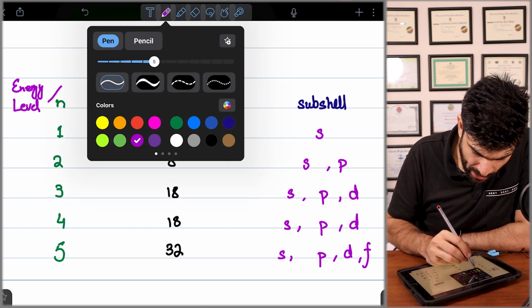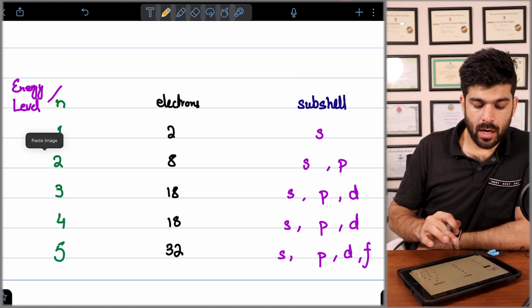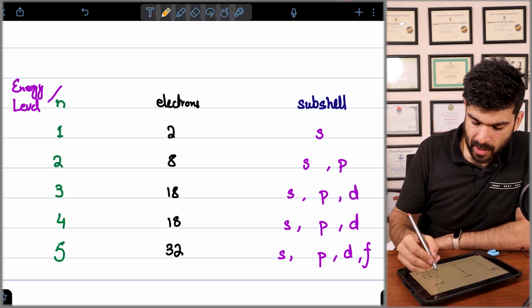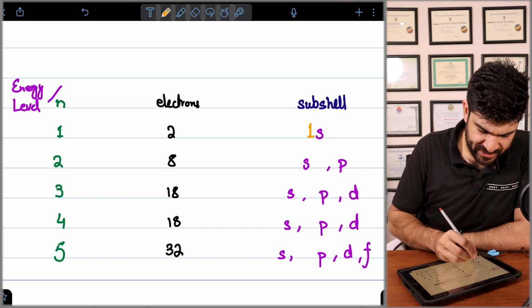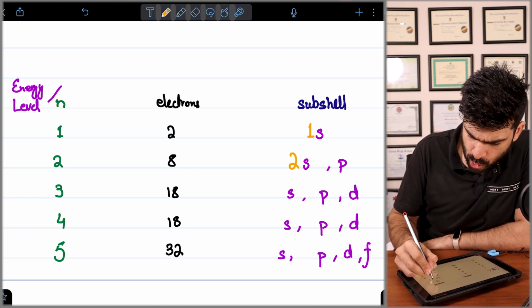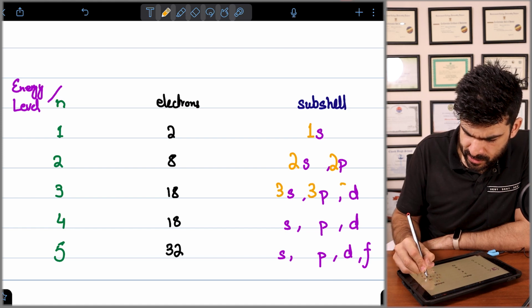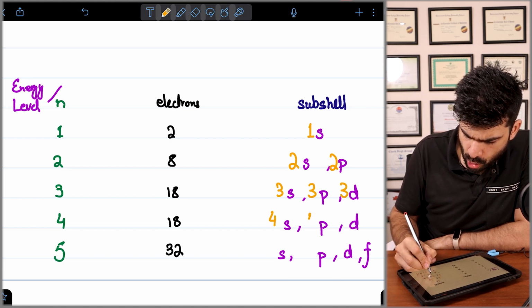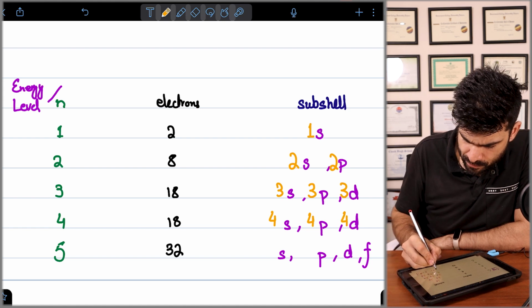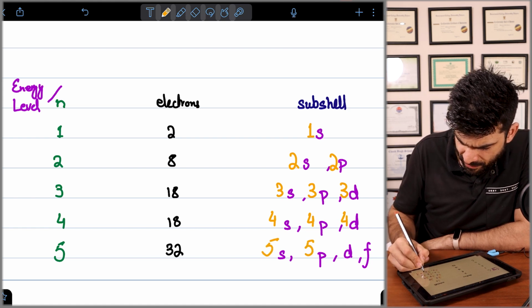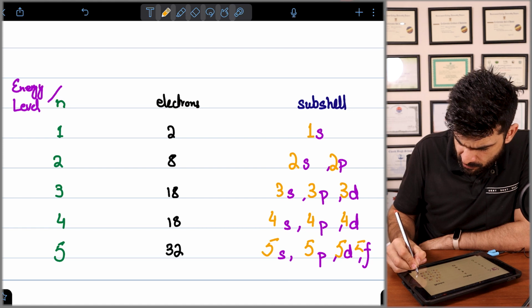But one major concept: if it's the first principal quantum number, you add 1 here. If it's the second, you add 2, 2, 3, 3, 3, 4, 4, 4, 5, 5, 5, 5.